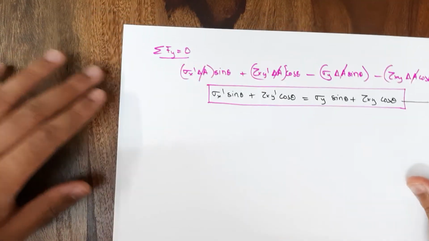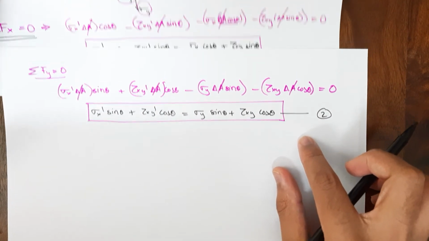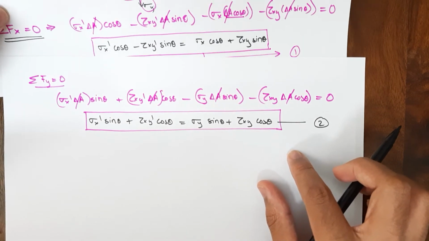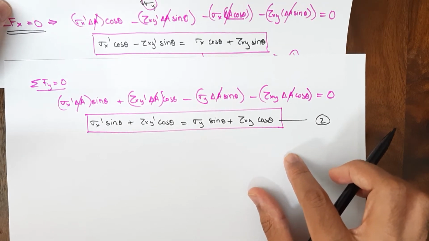So from our equation 1 and from equation 2, we can find out the values of sigma x dash and tau xy dash.